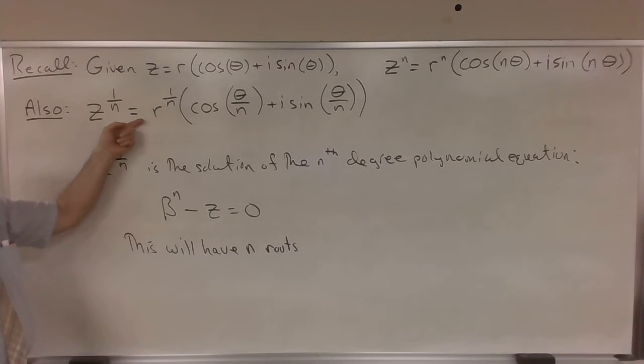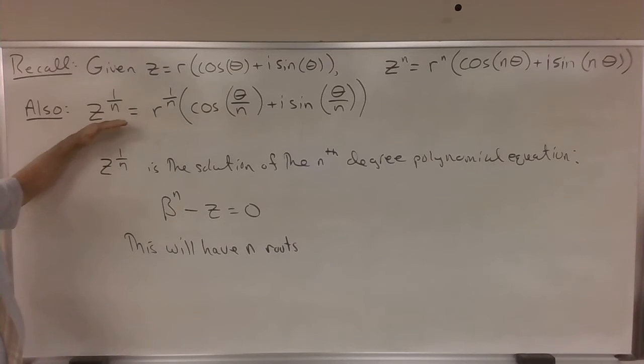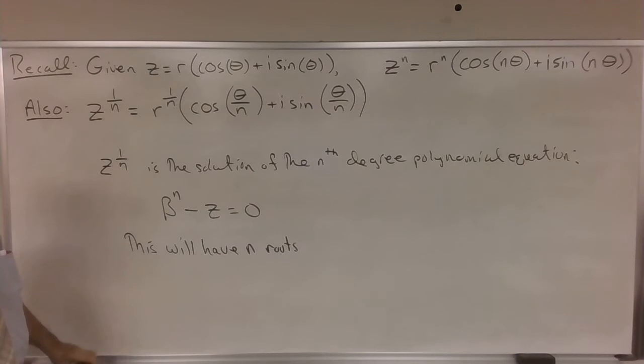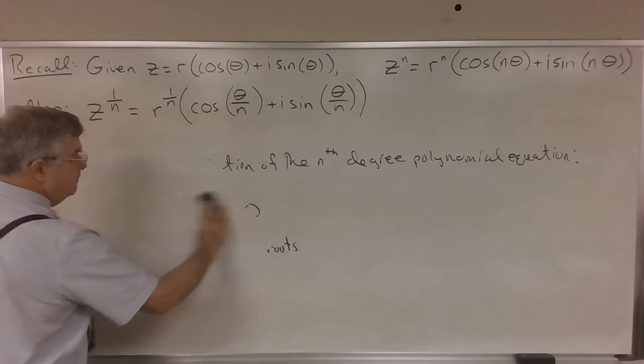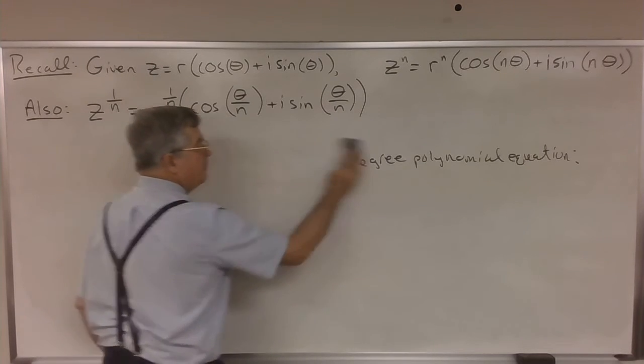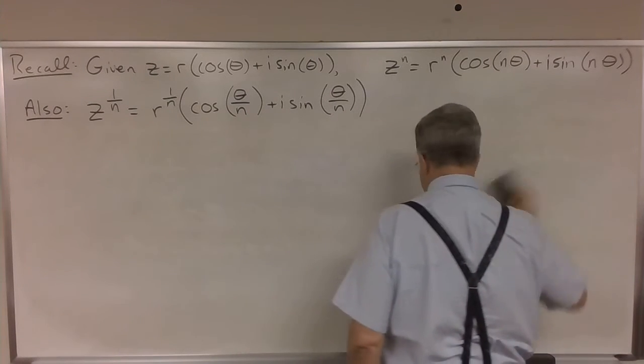This is just one of those values. It turns out that there are n distinct nth roots of a non-zero complex number. And we're going to list them all right now.